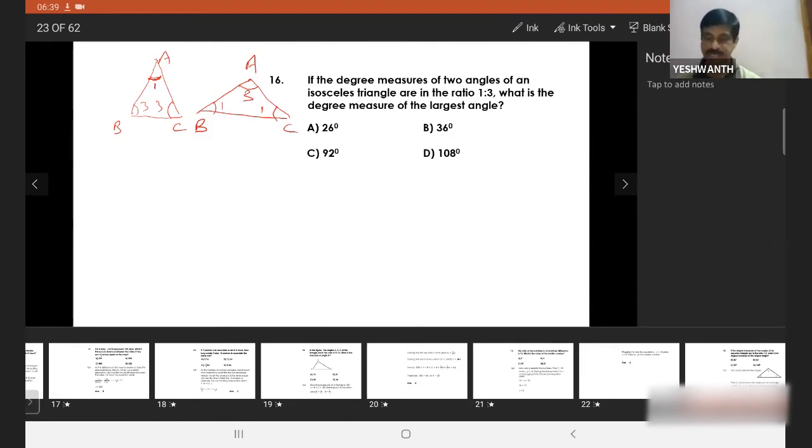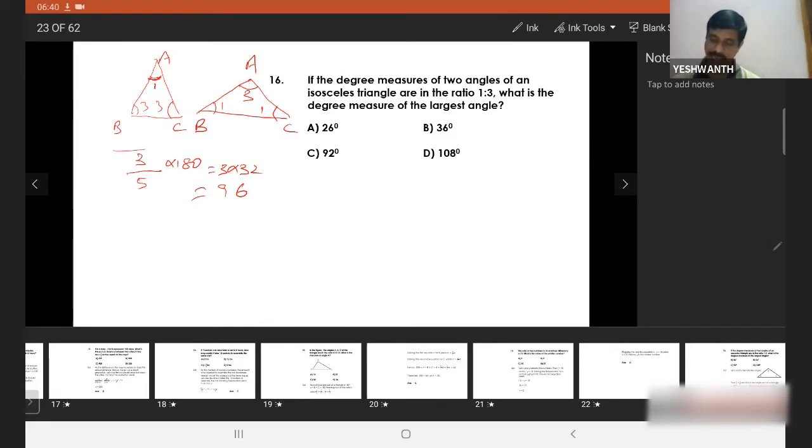So what is the degree measure of the largest angle? Whether this is the case or this is the case, we have to see how things look. Here the largest angle is 3 out of a total ratio of 3 plus 1 plus 1, that is 5, into the total angle. So this is 3 into 36, giving 108. This is one way of getting it.